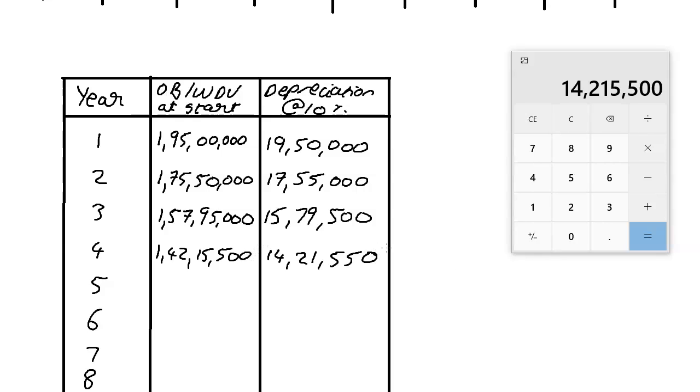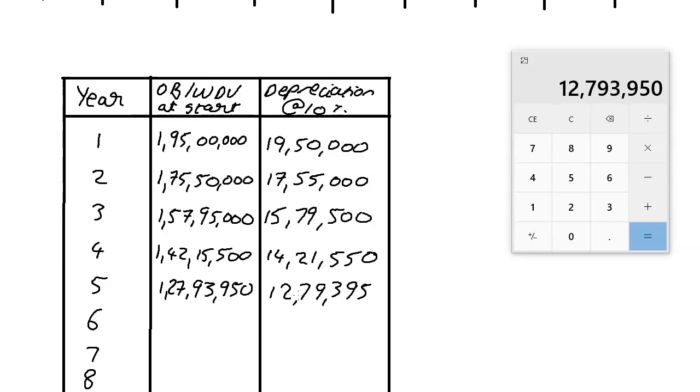We will take this number and subtract 14,21,550. Okay, and we end up with 1 crore 27,93,950, and again 12,79,395, and we can put the commas like this. Okay, this is our depreciation for year 5.